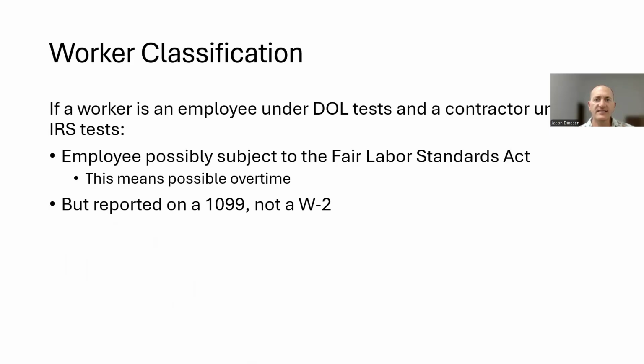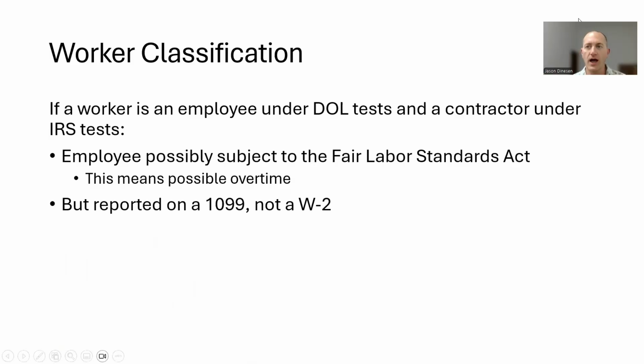It would be less common, I think, to have just a worker who's dual status. They have a status of employee with the DOL and contractor with the IRS, just because that's how the tests come out. I think it would be more common to have a Section 530 situation, though, where you've gone through a worker classification audit and you have contractors who probably should be employees, but you could keep treating them as contractors for tax purposes.